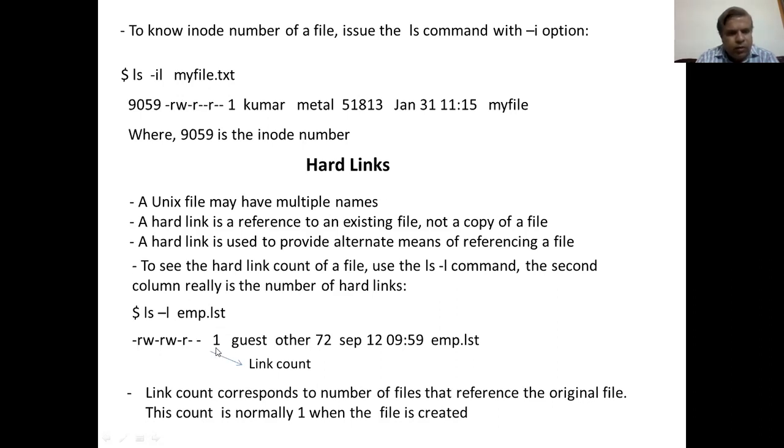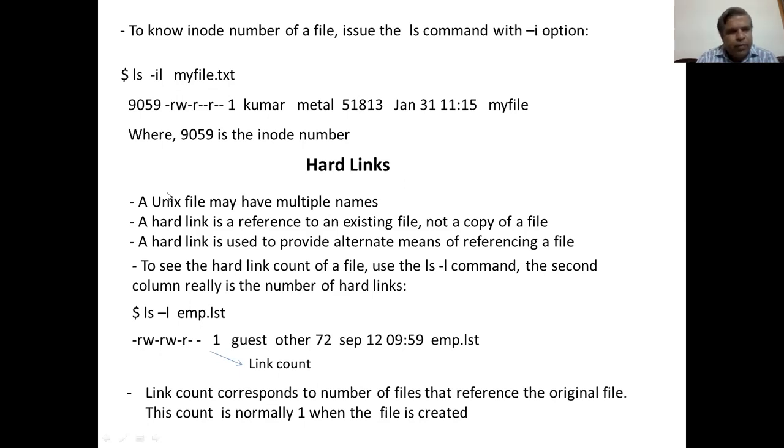In this attribute list, the second column is really the hard link count. What does this hard link correspond to? It corresponds to the number of files that reference the original file.